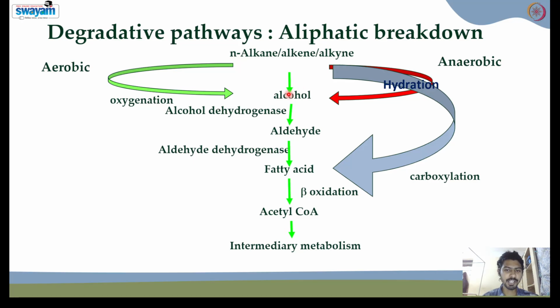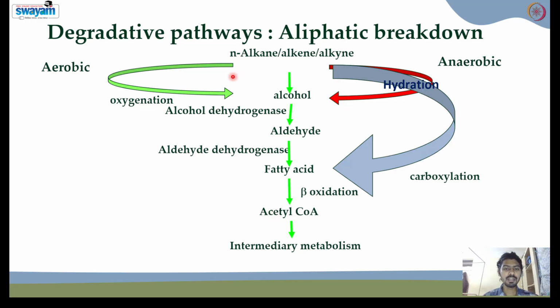Once it has converted into alcohol, the rest are all the same, where alcohol will be converted into aldehyde, and aldehyde will be converted into fatty acid by aldehyde dehydrogenase enzyme, and fatty acid will eventually be converted into acetyl CoA, where it enters the TCA cycle for energy and biomass synthesis.